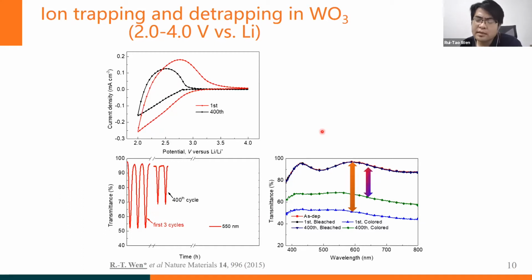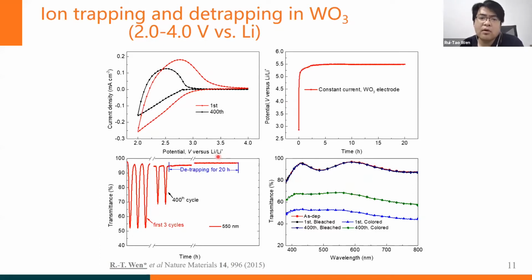We suspect that this is probably because the ions get trapped inside the film. If our hypothesis is right, is it possible to detrap these trapped ions? So we applied an opposite current to the device, and after a 20-hour detrapping process, we tried to recycle the film again.